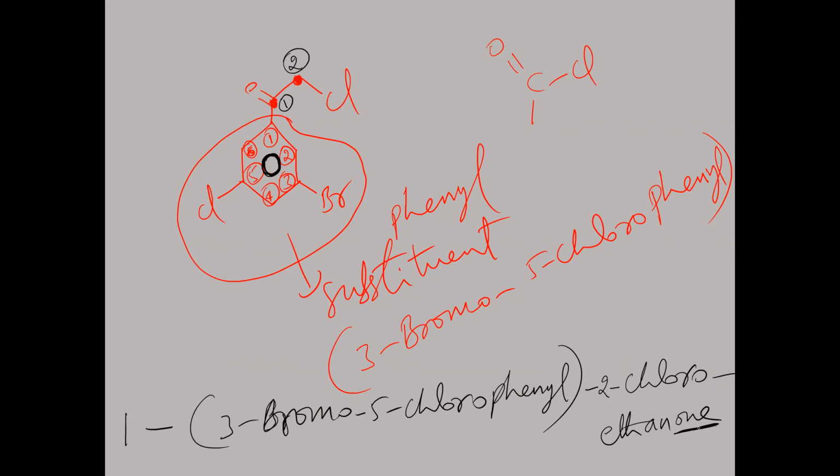Here also, ONE is what now? Secondary suffix. First letter is what? Vowel. That's why we should not write the E, only AN, and ethanone. 2-chloroethanone it is. So 2-chloroethanone is the parent. To this parent, on first carbon, this phenyl group is attached. So the IUPAC name of this given structure.